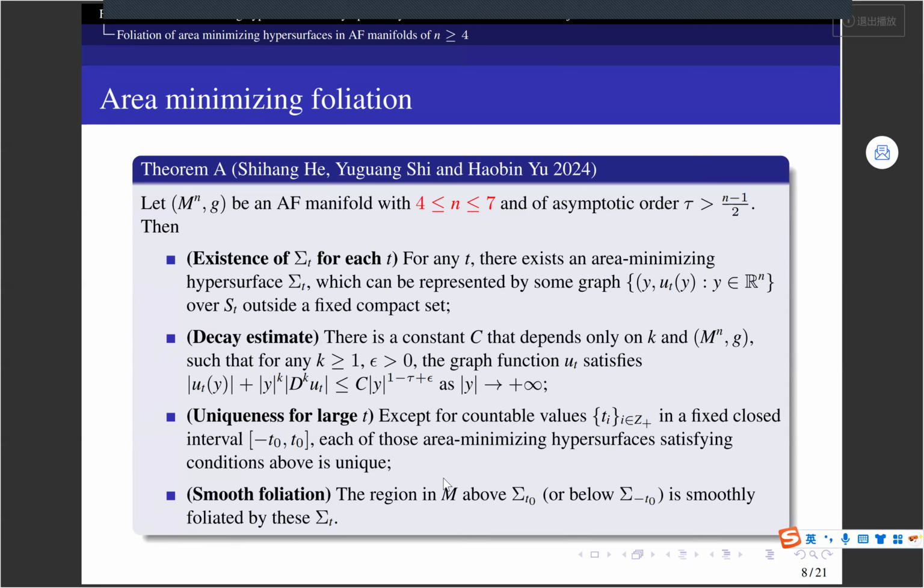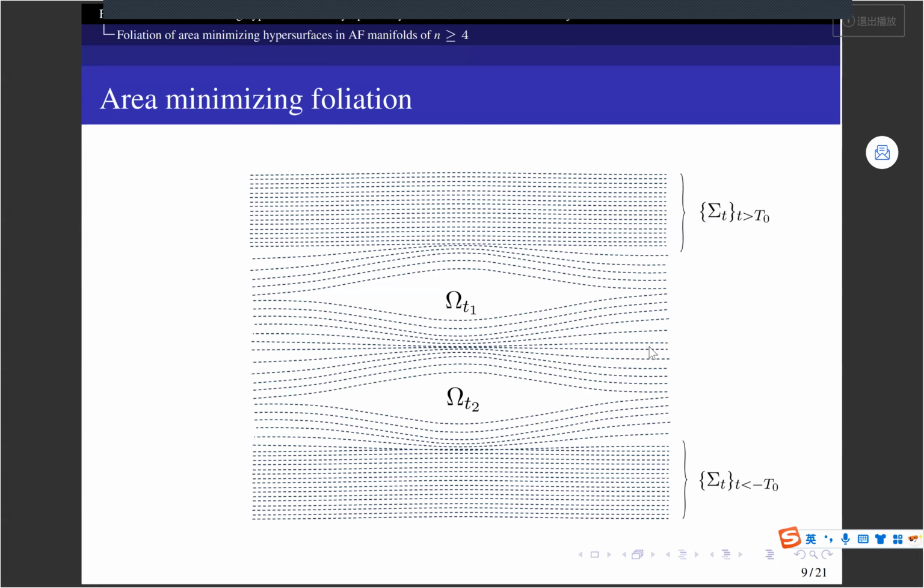So that is why you can expect this uniqueness result. And lastly, we are able to show that for this large T, the area minimizing hypersurfaces Sigma_T constructed above actually form a smooth foliation. That is in the region when T is sufficiently positive or sufficiently negative. And here is a picture for this foliation, which is constructed when T is large or small.